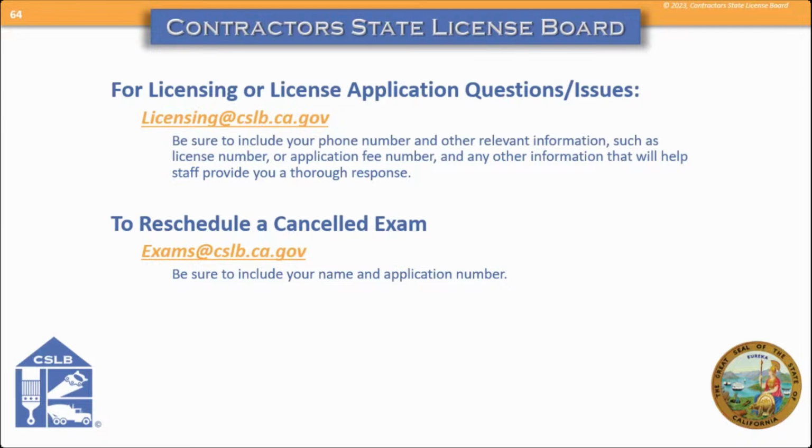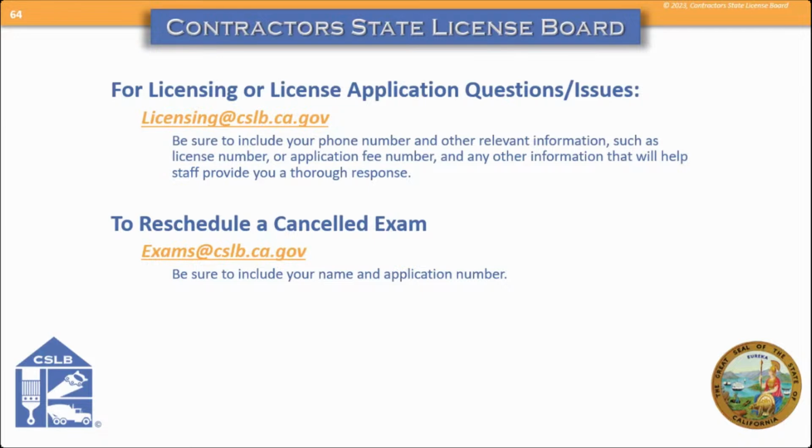However, CSLB is now utilizing a testing called PSI. And once you receive your letter saying, hey, your application is good, please schedule your exams, you will have to register with them. And at that point, you pick a date. So dependent upon how many are ahead of you is when yours will be scheduled.